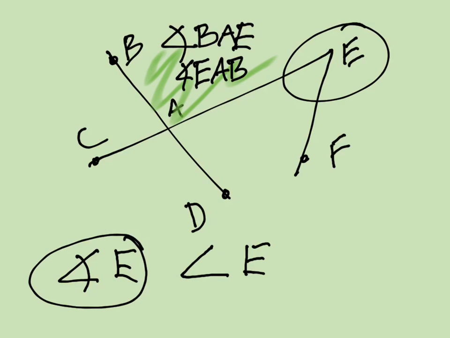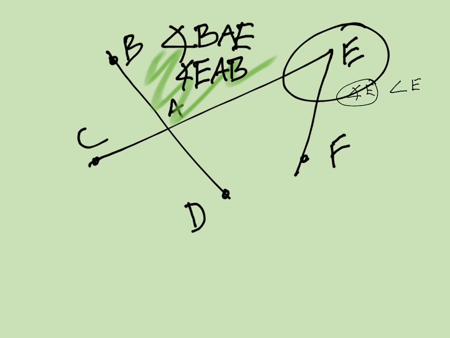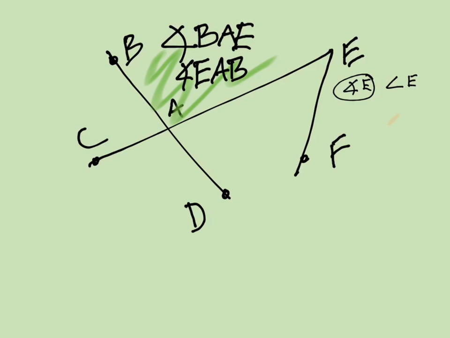Let me move these a little bit smaller and put them right next to angle E. I could have called it angle A, E, F, because if I follow that, I go A, E, F. That's the same angle as angle E. And then I could have called it angle F, E, A. Notice E is staying in the middle every single time.